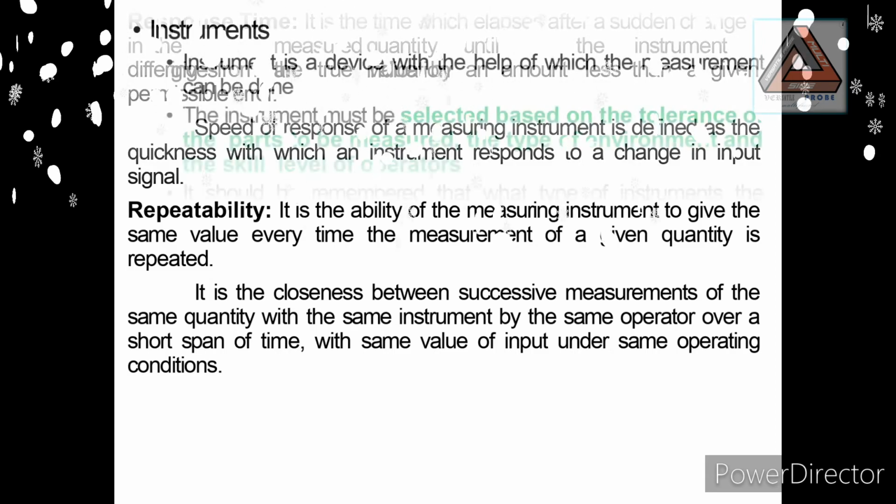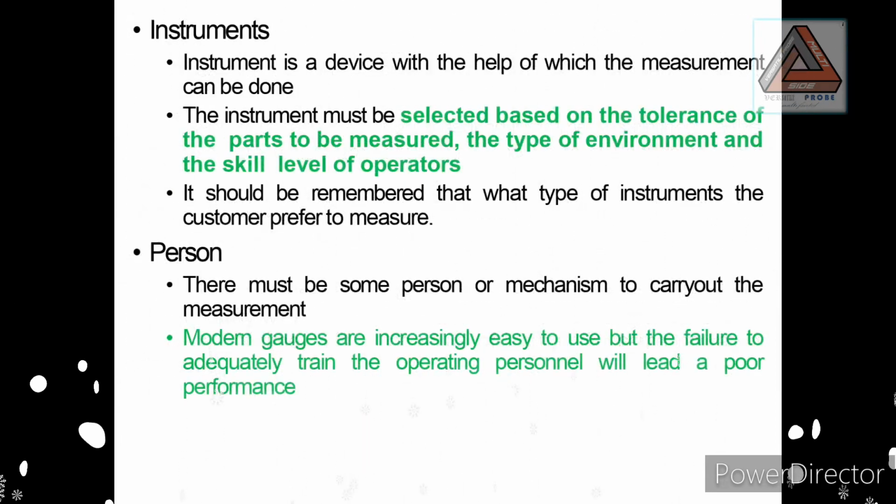So in the elements of metrology, we saw standard and workpiece. Next one is instruments. An instrument is a device with the help of which the measurement can be done. The instrument must be selected based on the tolerance of the parts to be measured, the type of environment and the skill level of operators.